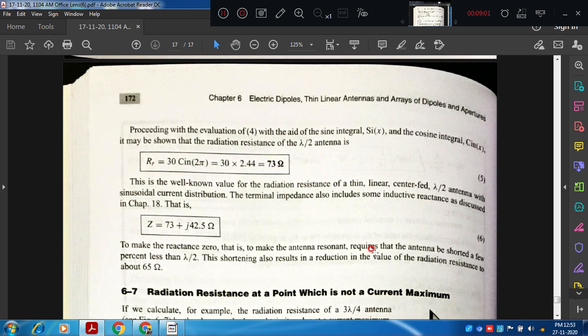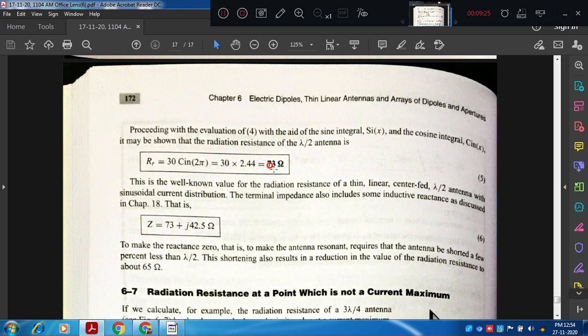Proceeding with the evaluation of the previous equation, in terms of the cosine integral and sine integral, it may be shown that the radiation resistance of a lambda by 2 antenna is R equal to 30 Cin(2 pi), which is equal to 30 into 2.44.